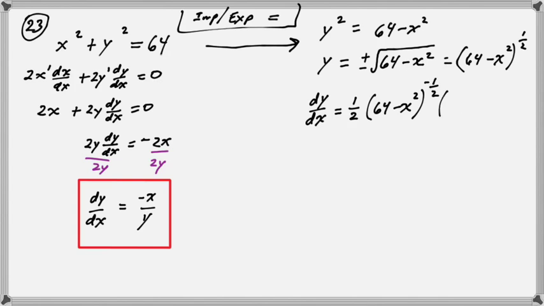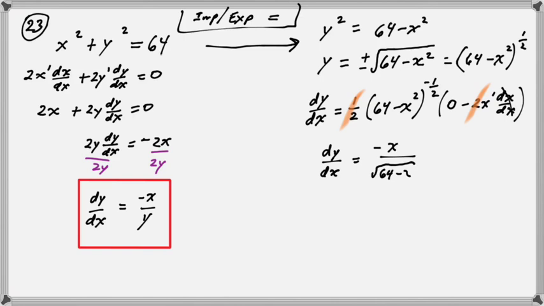What's the derivative of 64? 0. Power, base, one less power, derivative of the base. Really, it's just a negative 2x. 1/2 times the negative 2x could cancel or make it a 1, making dy/dx negative x over the square root of 64 minus x squared.